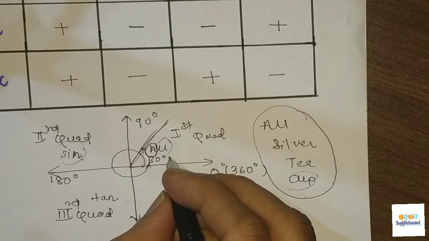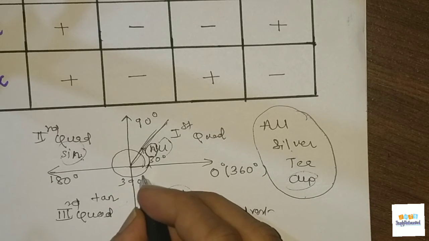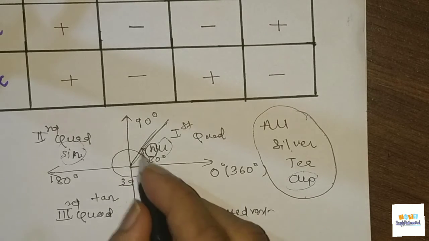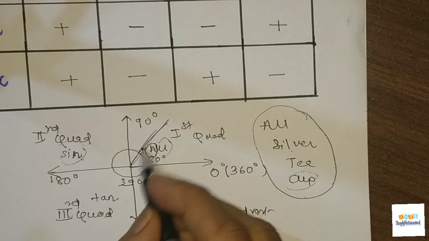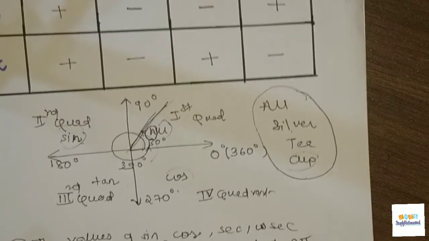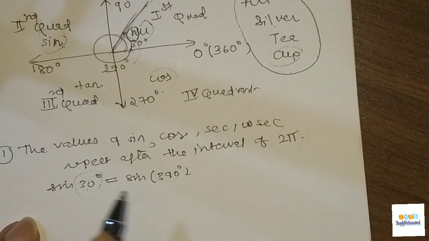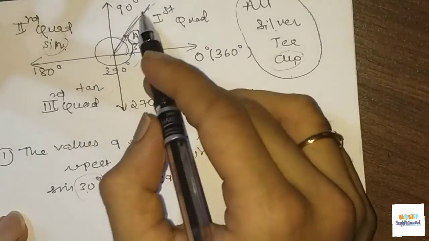Which is nothing but 360 plus 30, which is 390 degrees. So you can see that 30 and 390 are actually the same in the graph. So the note is, you will get both values the same. Sine 30 degrees equals sine 390 degrees. Here you can see it.